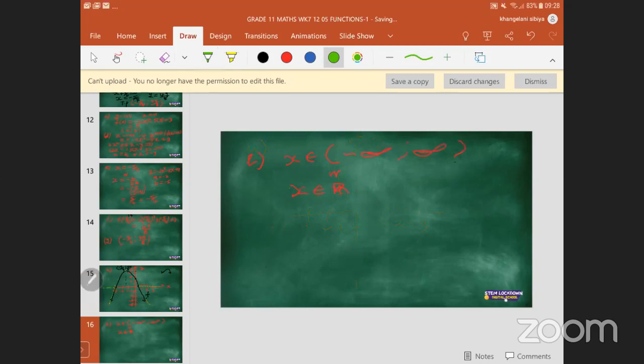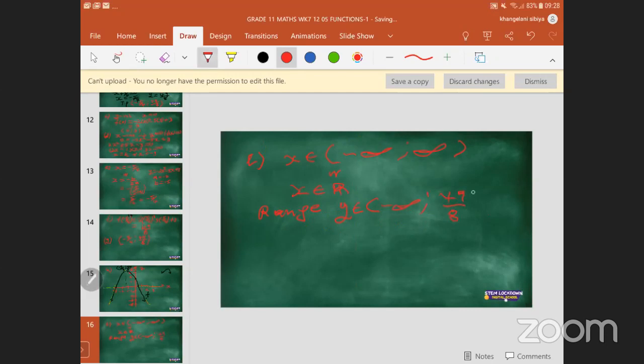So our answer for the range will be given by Y, sorry, this would be Y element of, this is not included, so you use your open bracket, up to not positive infinity, but up to 49/8.